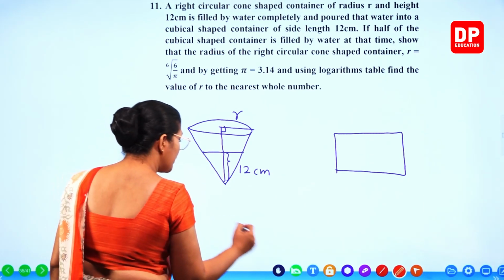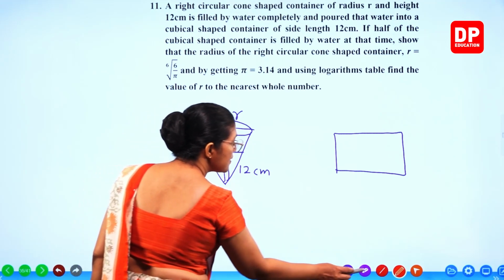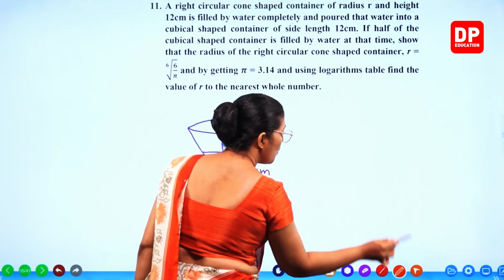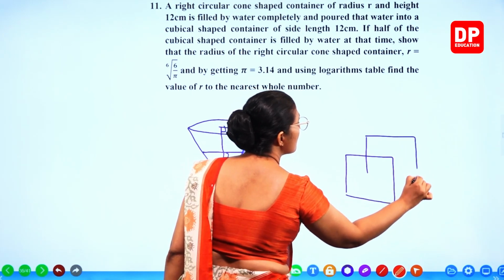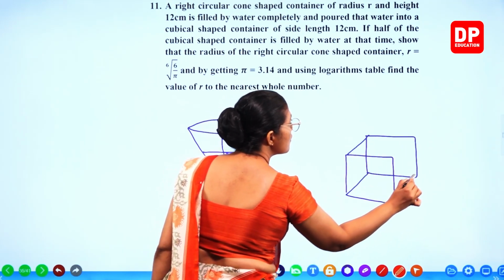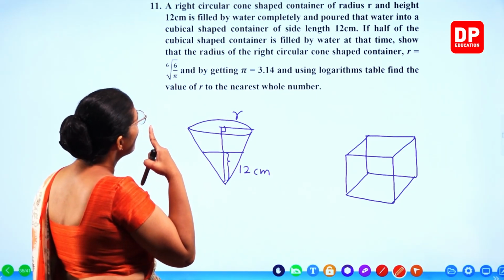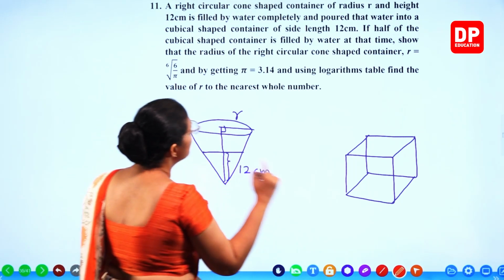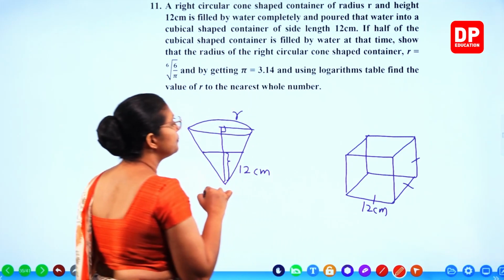So this is a cube, not a cuboid. So I'll erase that and draw a cube shape. Side length is 12 centimeters. This is also 12 centimeters. So all the lengths are equal.